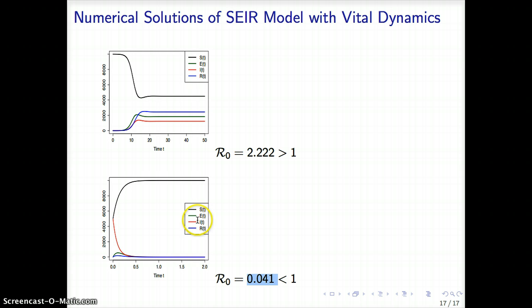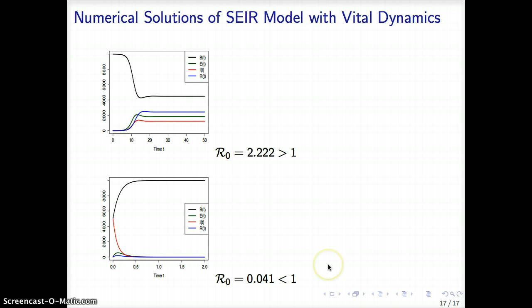You can also see how the curves E, I, and R, the green, the red, and the blue, are all going to 0. This is precisely the case in which the disease-free equilibrium is stable. E and I are 0, E of t and I of t are converging to 0, and S is converging to the value of N, which was chosen to be 10,000.